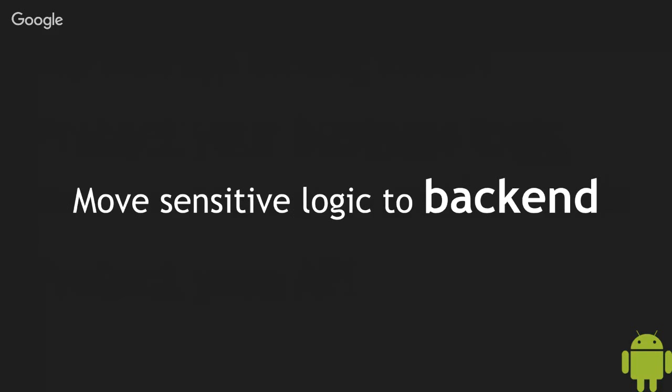A better way would be considering moving your sensitive logic to the backend. So you just move it to the backend and expose some endpoints, APIs to use from the application.